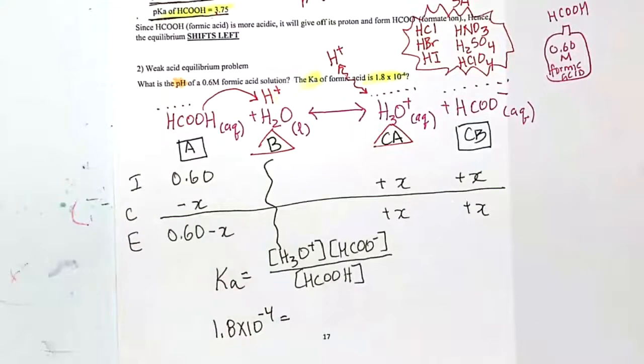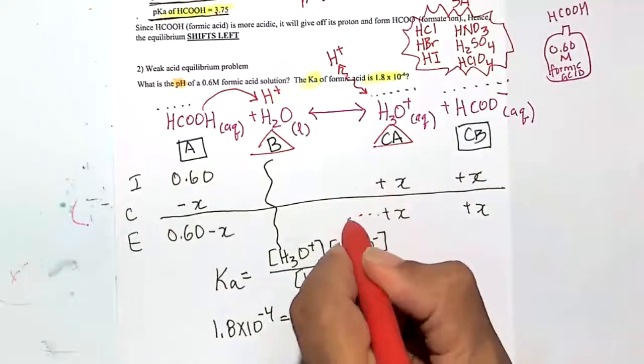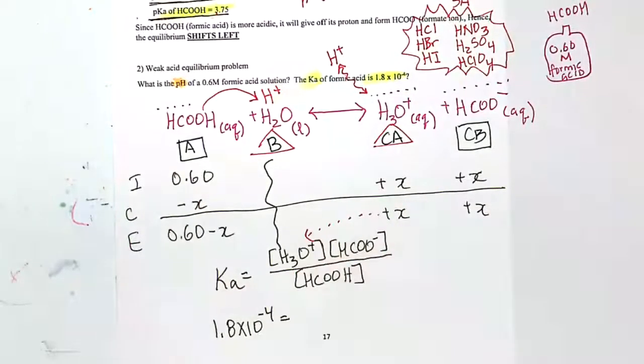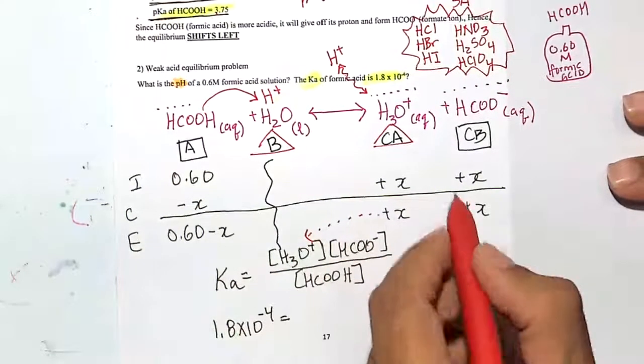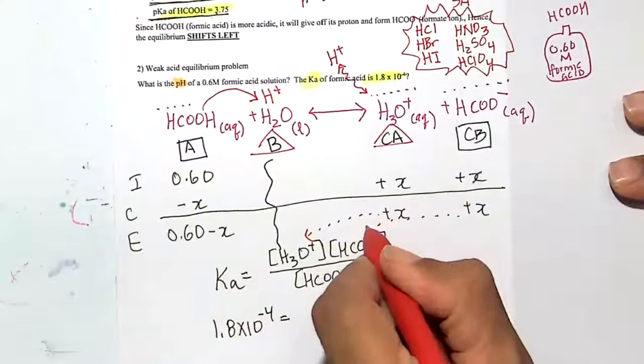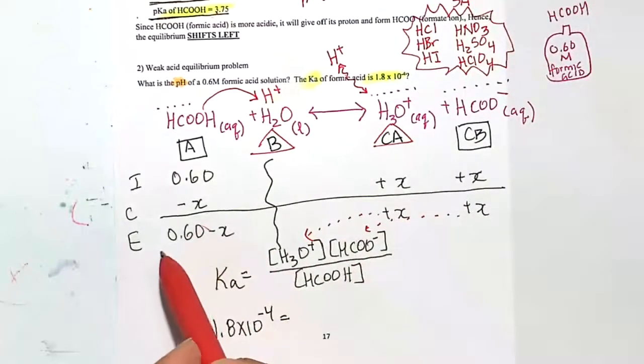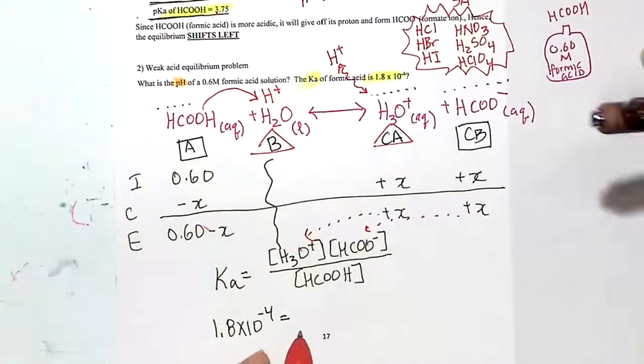Okay, at equilibrium, when this thing settles, like a seesaw, you may have some a little bit this way, balance this way, tilt, whatever tilt it may be. Okay, when it's all finished and all done, this will be X, this formate, conjugate base will be X, and this HCOOH will be 0.60 minus X.